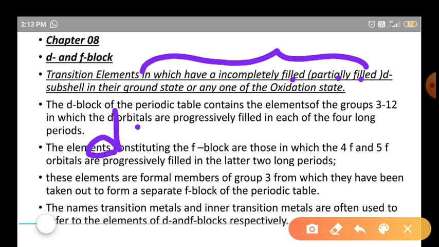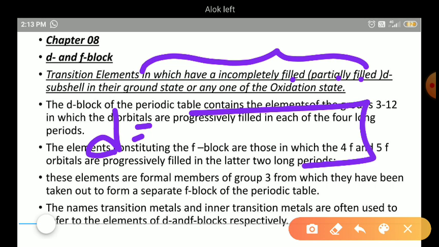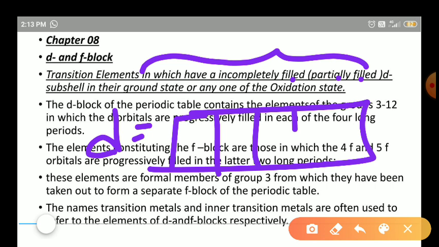Whatever d orbitals are there, the electrons are not completely filled. In the ground state we call it incomplete or partially filled, or they have any one oxidation state.